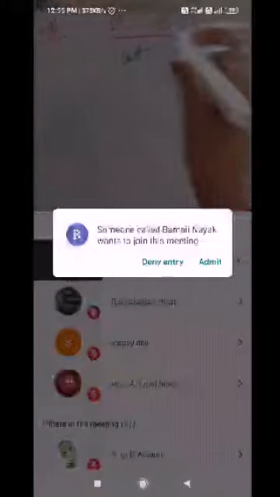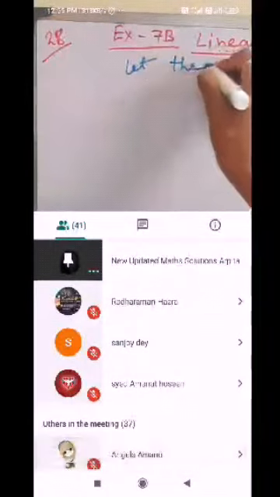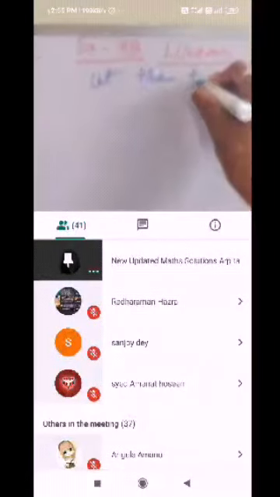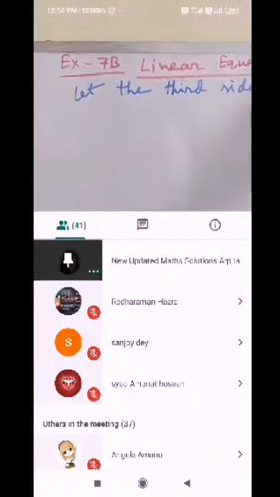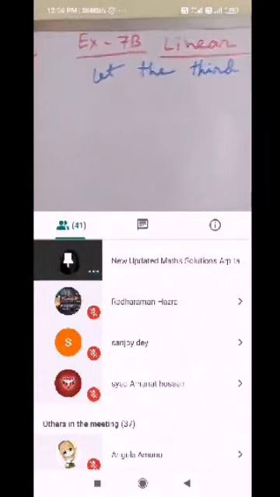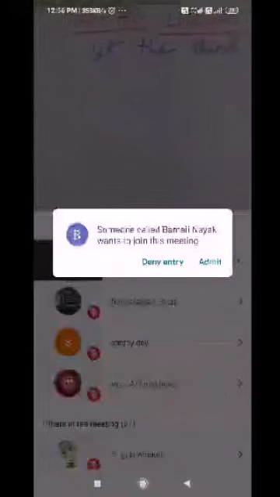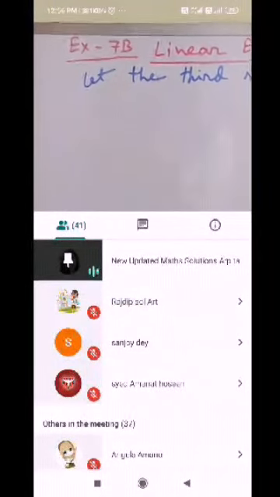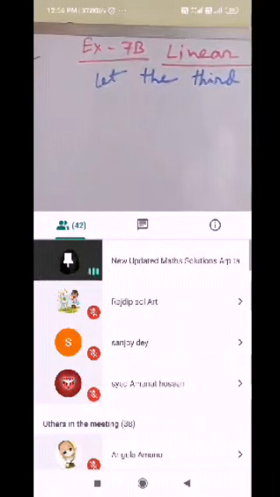Let the third side be x meter. Then two equal sides of a triangle are each 5 meters less than twice the third side.